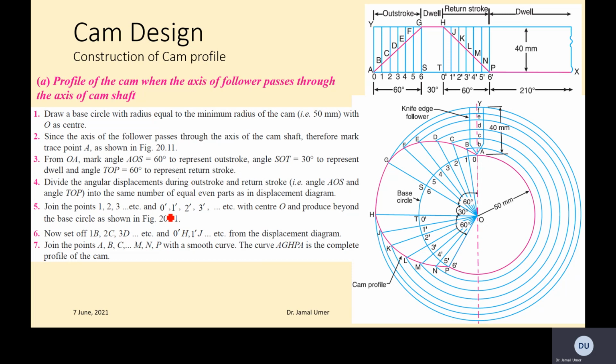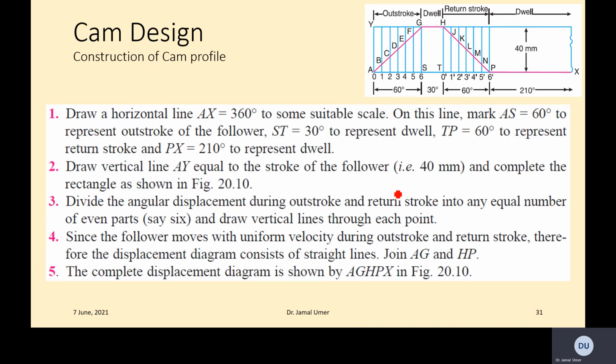The first step was to draw the follower displacement diagram. In very simple words, you draw the 360-degree line, and then the vertical follower displacement, which was given as 40 millimeter.